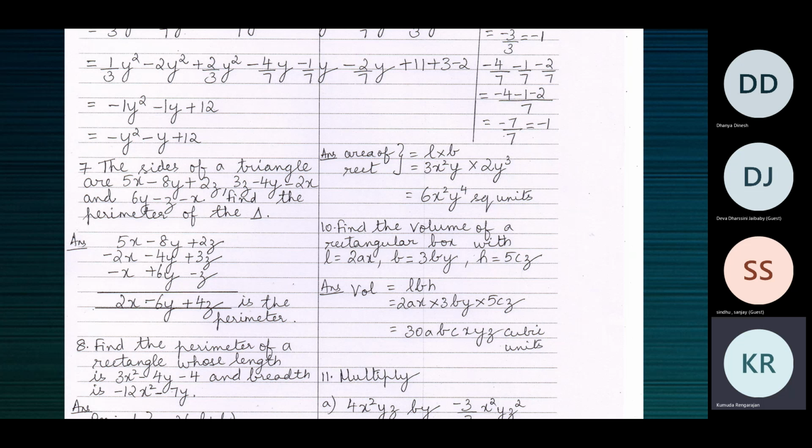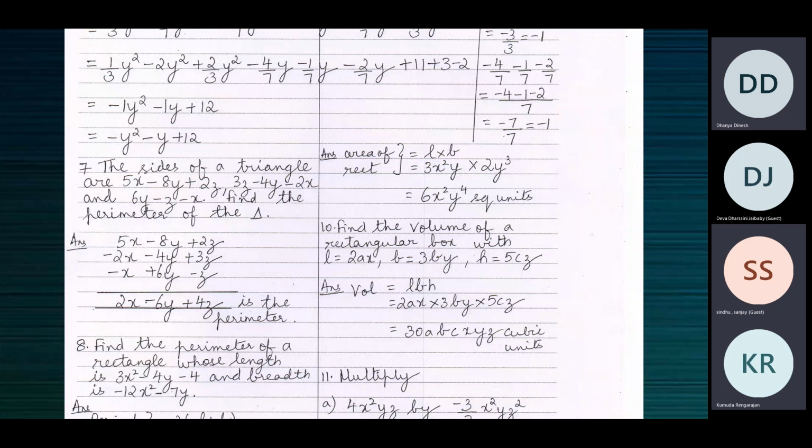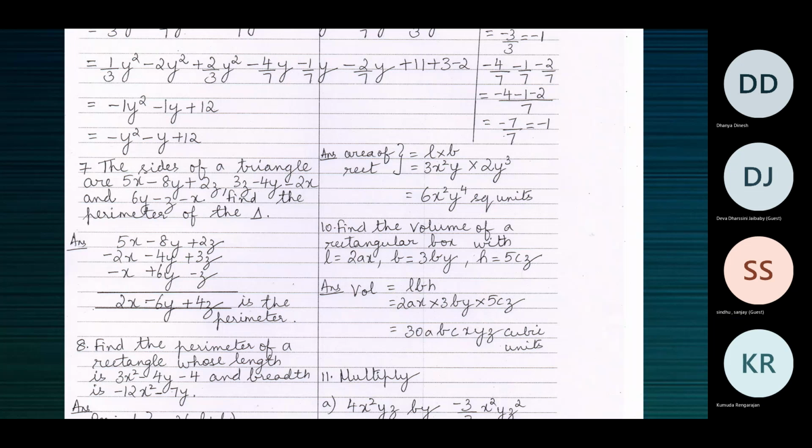Minus 18x square, minus 22y, ma'am. Minus 8, ma'am. Very good. Both of you got that? Yes, ma'am. That is the expression for the perimeter of the rectangle in the 8th one.